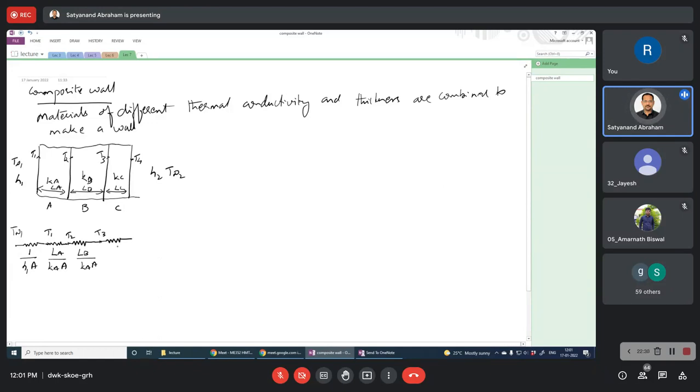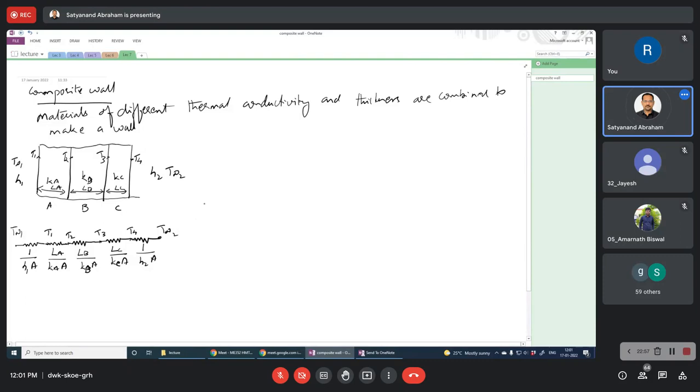Passing through the third material, we have the third conductive resistance, LC by KC into A. Then we reach the fourth temperature, and at the surface we have the convective resistance 1 by H2 A, and then the temperature of the fluid on the other side, which is T infinity 2.